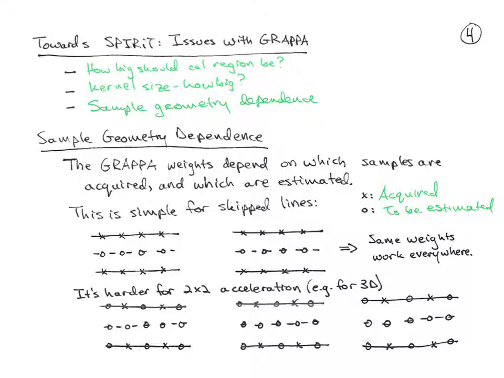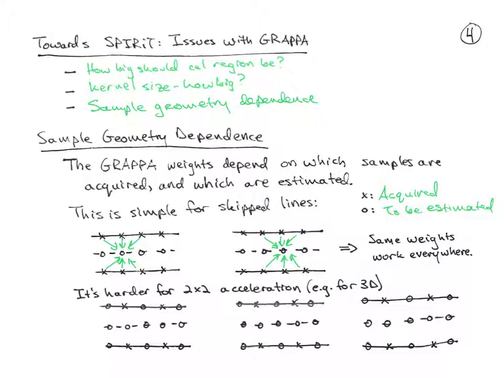This geometry is simple when we're just skipping lines, because we just take the same kernel and slide it around. Let's say that we're estimating this point here. It uses those neighbors there, and then we just shift it along when we want to get to the next point that we're synthesizing. You can use the same structure, the same indexing, everything, so the same weights work everywhere.